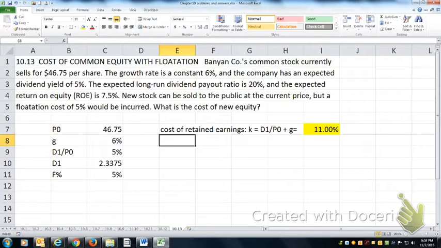They're asking us what's the cost of new, and that's K equals D1 over net P0 plus g.